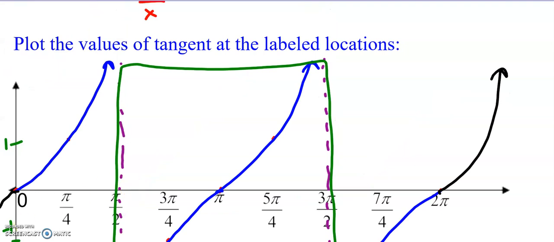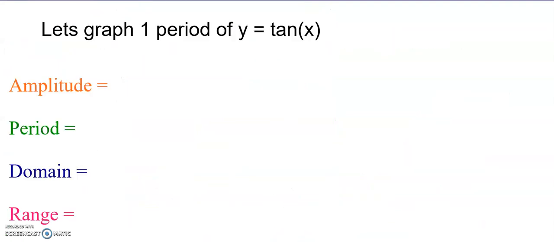So what would the range be? The range would be -infinity to infinity. What is the distance of -infinity to infinity? That's infinity. What is half of infinity? Still infinity. So we can't designate an amplitude, so the amplitude for tangent is none.